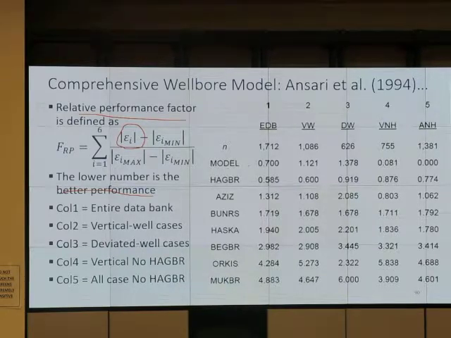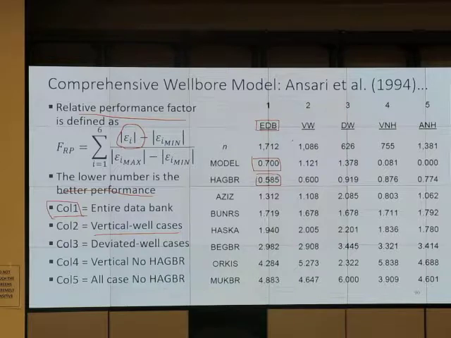But look at this, the model. Low number is better. For the case of column 1, this model, 0.7, Hasan and Kabir is a little bit better for elongated bubble flow.